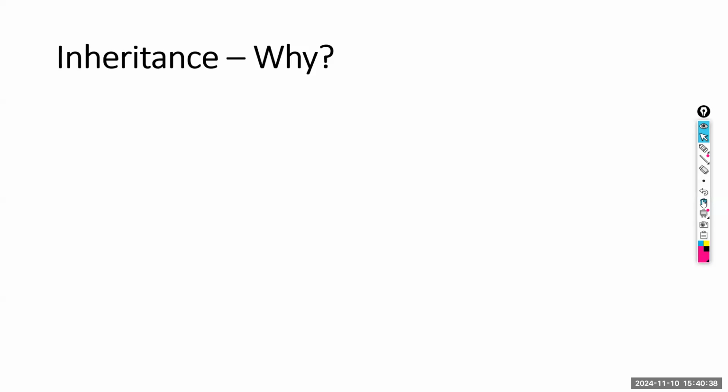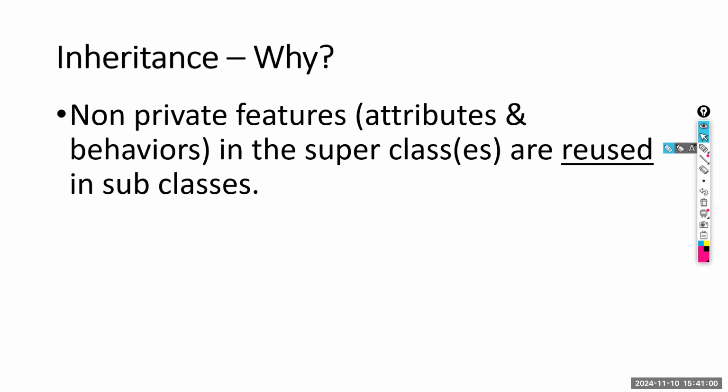Your subclass has all the non-private attributes and behaviors plus any special attributes and behaviors. So your coding is more reusable now. Coding in your supertypes is reusable in subtypes. Because we don't want to do the same thing over and over, and we want to cut down our software development effort. We want to do things faster.